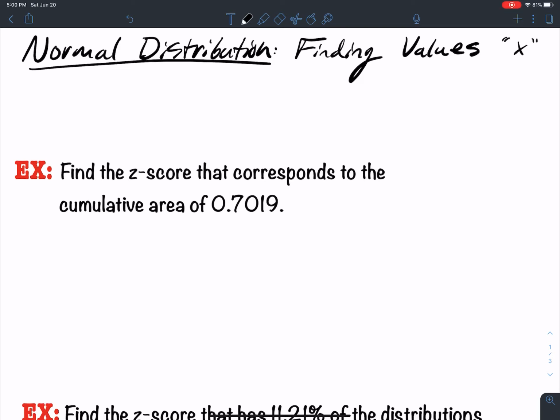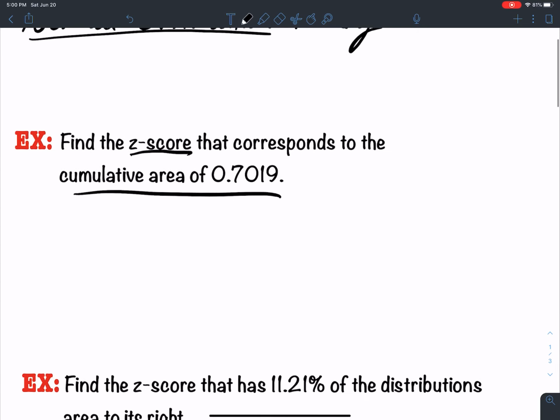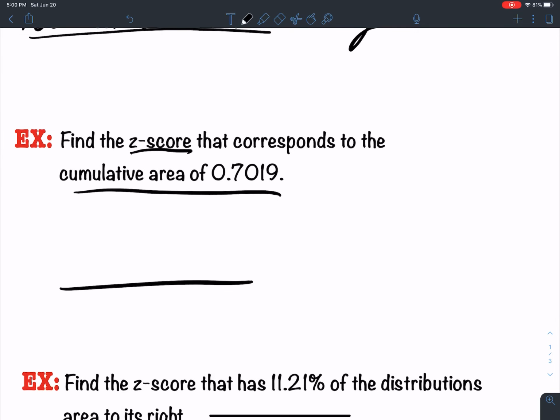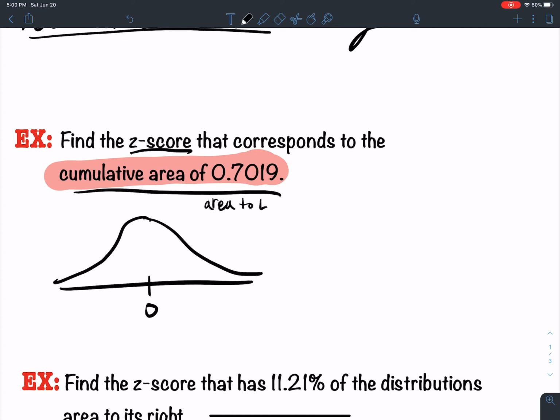So first thing we're going to work on is trying to find the z-score, okay? And it corresponds to the area given here. So cumulative area, so I always draw my picture. What's in the middle? 0. Now, 70% cumulative area, this is area to the left.